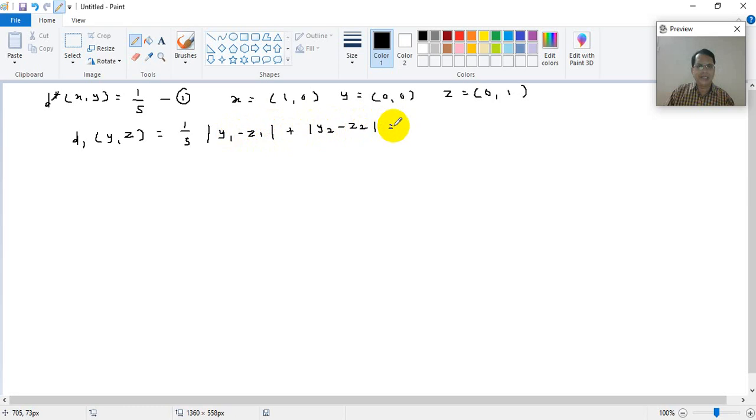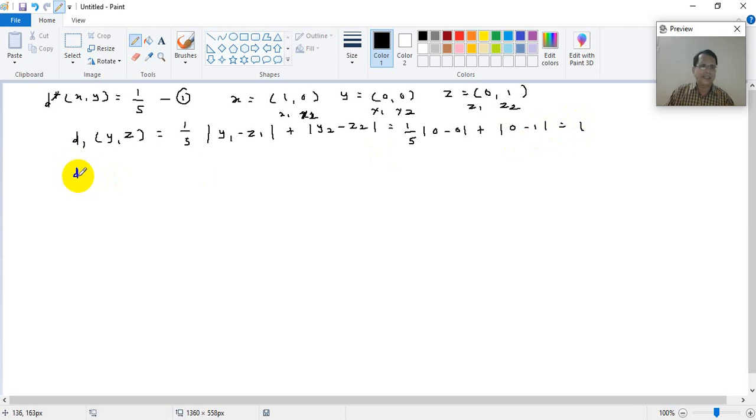So this is your x1 x2, this is y1 y2, and this is z1 z2. So when you calculate y1 minus z1, that means this minus this, it is 1/5 into mod of 0 minus 0 plus mod of y2 minus z2, so mod of 0 minus 1. Okay, so it is 1 because this is 0 and this is 1.